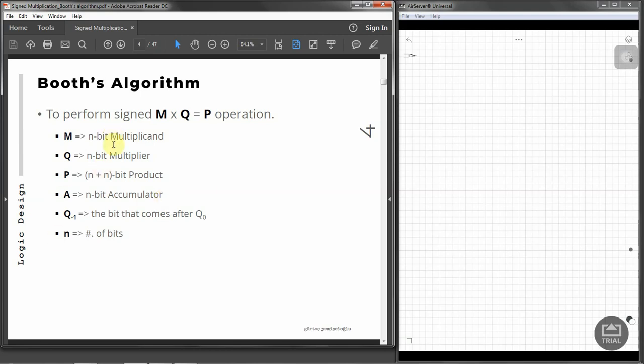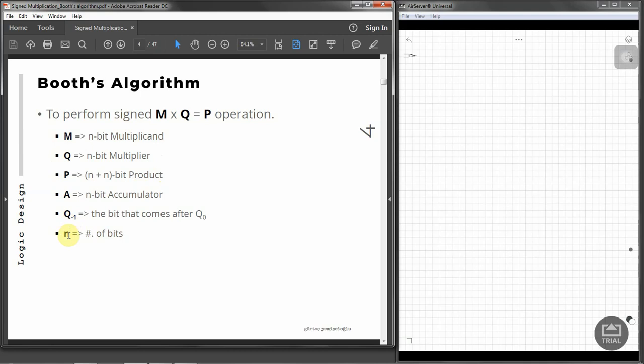And when you multiply these things together, you normally get n plus n bits. So a 4 bit number multiplied with another 4 bit number gives a 4 plus 4, 8 bit product. This is really important for interpreting these bits at the end of the calculation. And n is the number of bits that we are going to use.